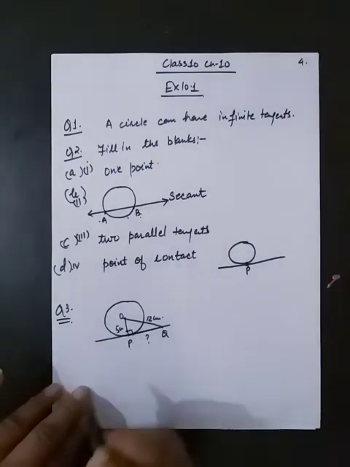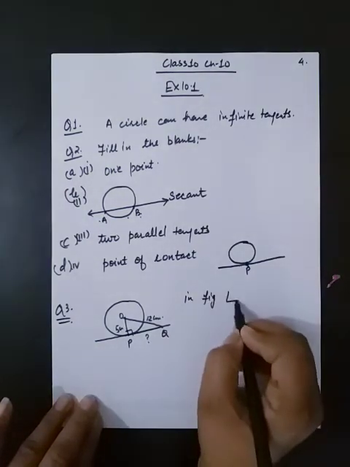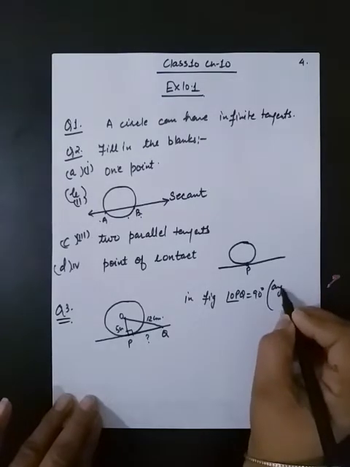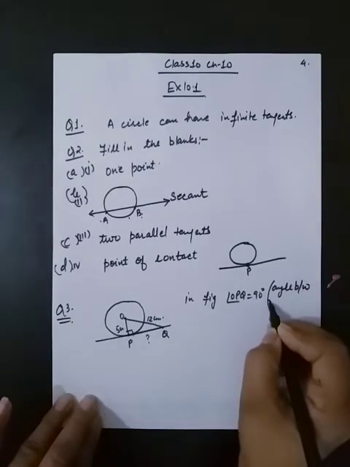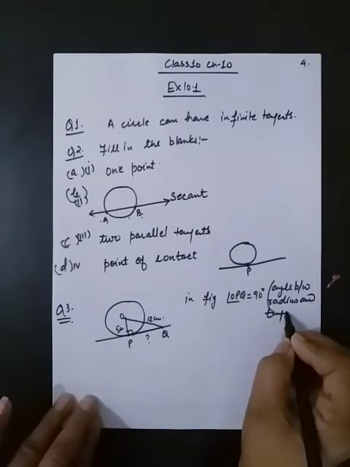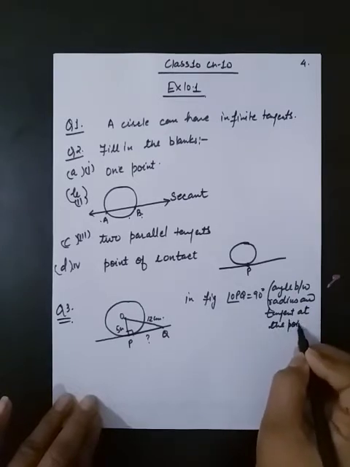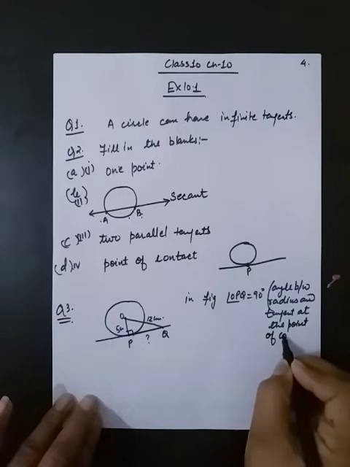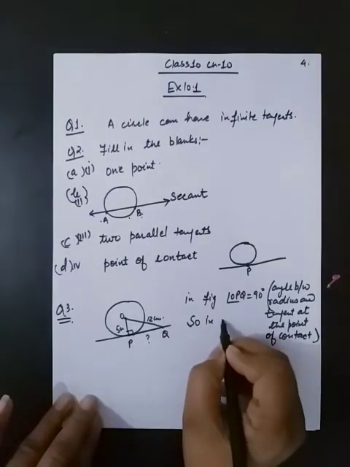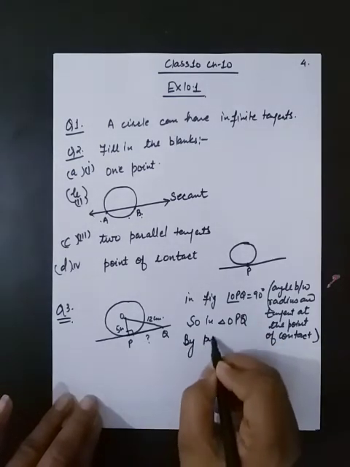So in this figure we know that angle P is 90 degrees. In the figure, angle OPQ is equal to 90, the angle between radius and tangent at the point of contact. So, in triangle OPQ, we can use the Pythagoras theorem.